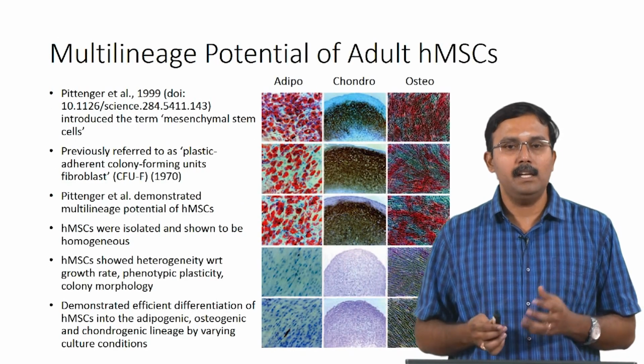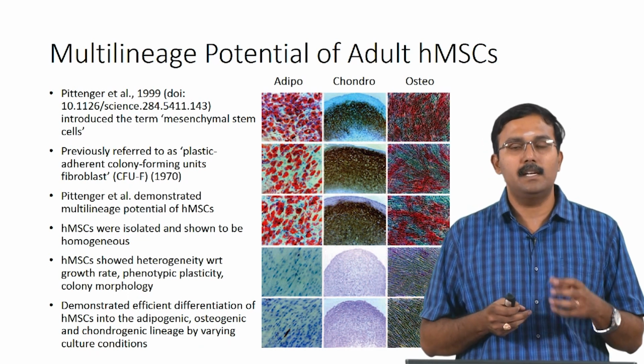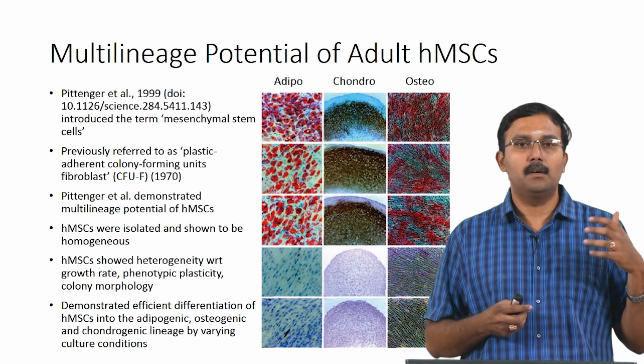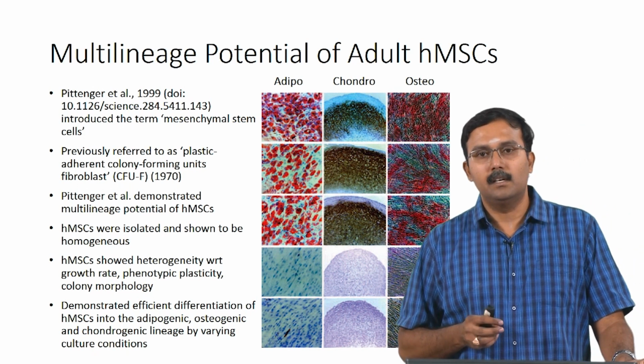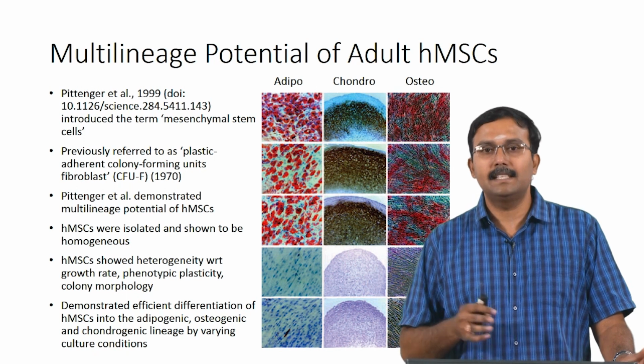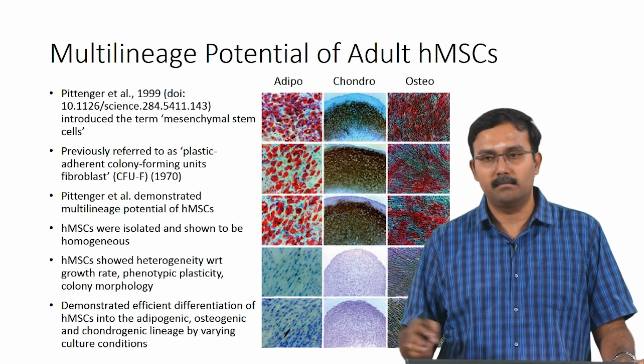So, multilineage potential of the adult human mesenchymal stem cells was demonstrated in 1999 by Pittenger et al., and this was published in Science. It is one of the extensively cited papers, with almost 23,000 citations currently.